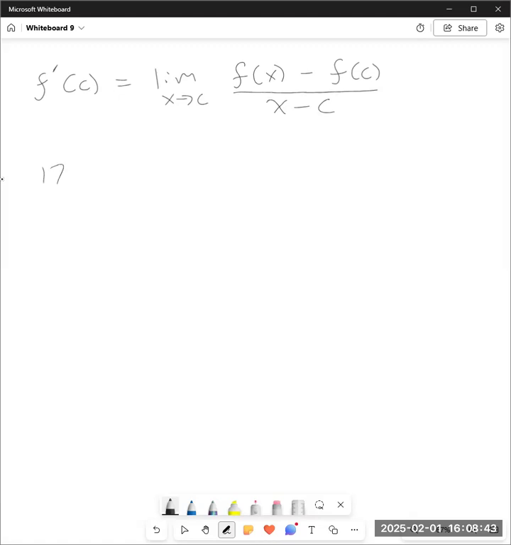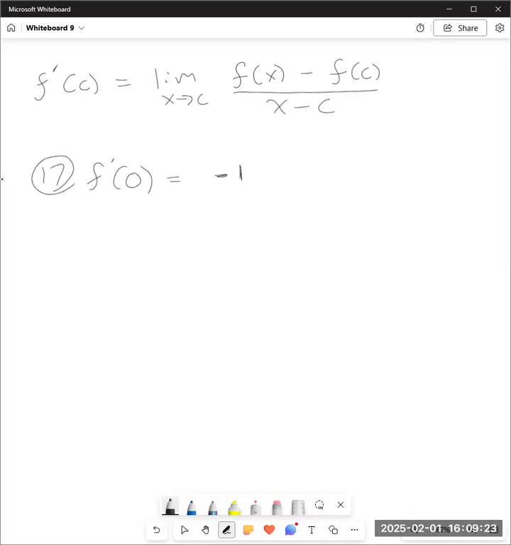Number 17 is such a simple function that it comes out to be a little bit different than the other functions that we're going to be dealing with because it is a constant function. But let's go ahead and write down f prime at 0, my x value that I want to evaluate at, is going to be equal to f of x, which is the function -1.